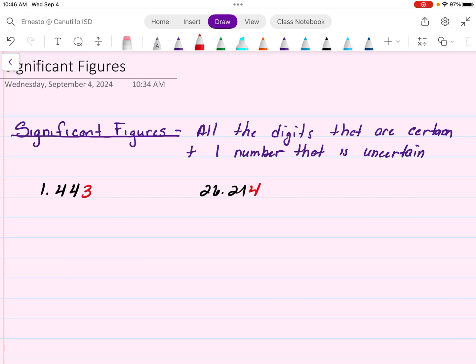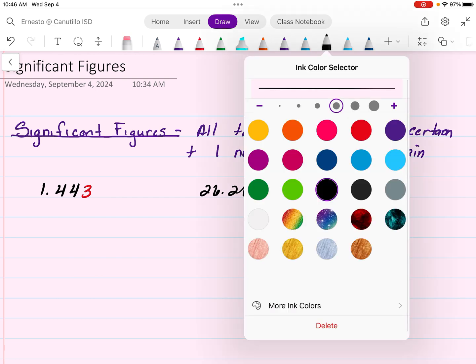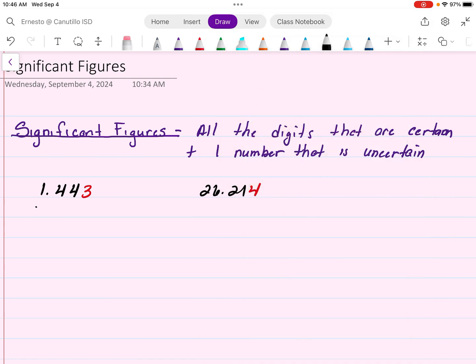So in this case, we're looking at the leading numbers. Here we know that these numbers are certain, and the last number, this guy right here, is always going to be uncertain. That's the last number of any number. The very last number that you have is going to be the one that is uncertain.